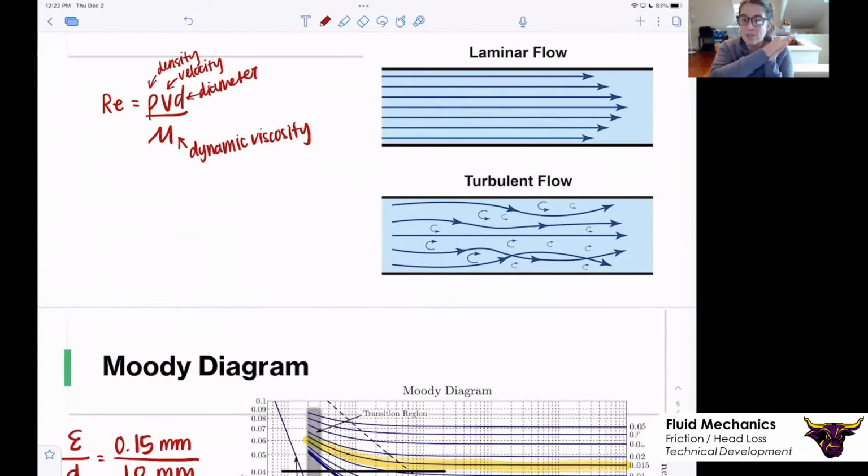So think, in corn syrup, there's going to be a lot more resistance than in something such as oil or alcohol that isn't as viscous. That's what dynamic viscosity is. And that makes sense in terms of what we're going to look at. I want you to think about this: if our dynamic viscosity goes up, and we hold the density, velocity, and diameter constant, what is that going to do to our Reynolds number?